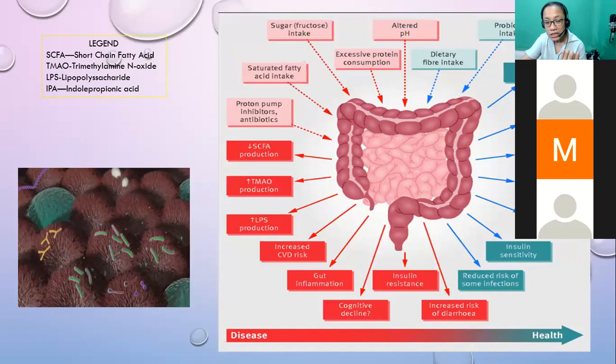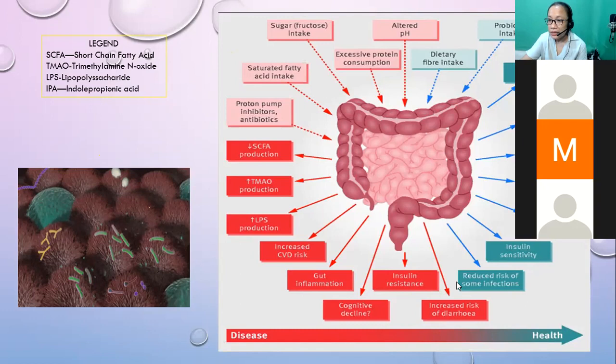So kapag ini-snub siya ng cells natin, wala ngayong susi na mag-open para doon sa cells para magpapasok ng glucose. This is what happens when there is a lot of sugar circulating in the bloodstream, because probably our cells are already resistant to insulin. So we need to increase insulin sensitivity of our cells, and that is done if we give good nutrients to our gut.